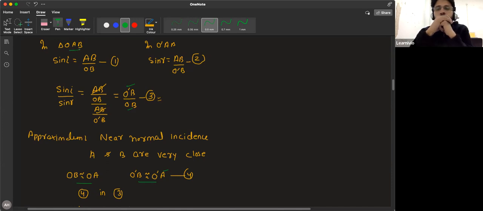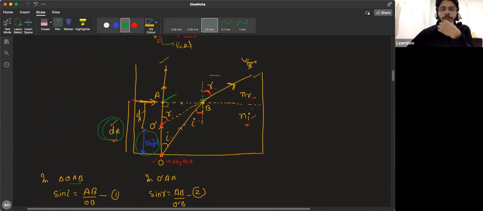Which side is the perpendicular in triangle OAB? AB is perpendicular, and OB is the hypotenuse. So you can write sin i as AB by OB, perpendicular AB divided by hypotenuse, right?